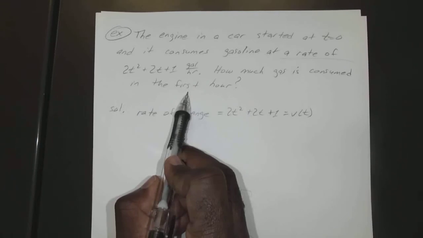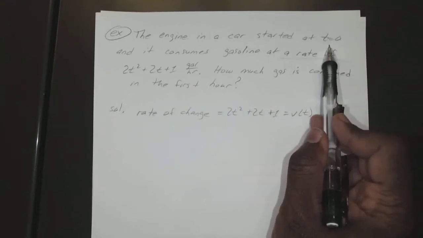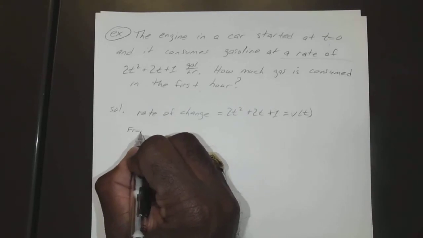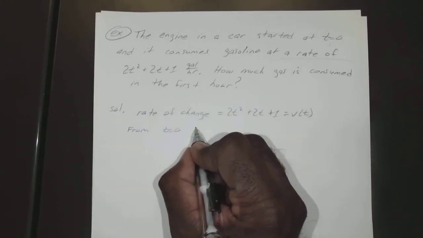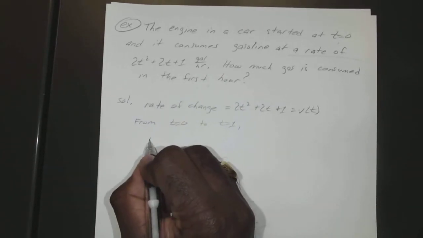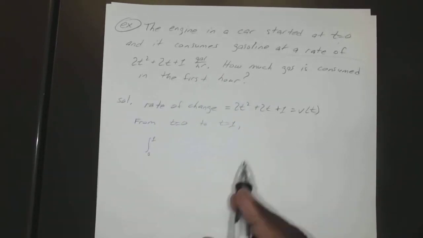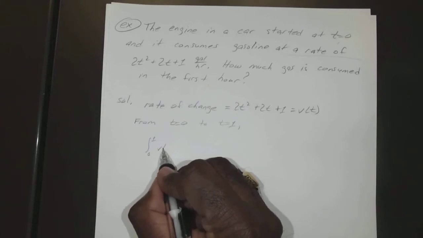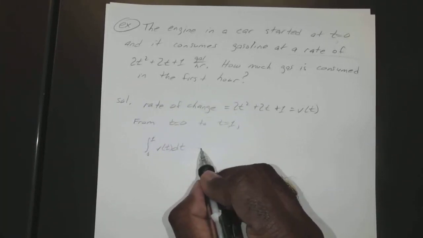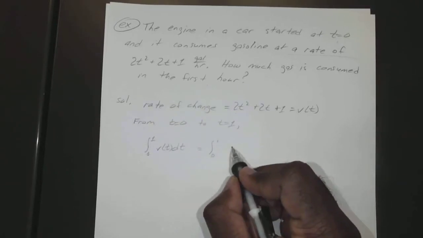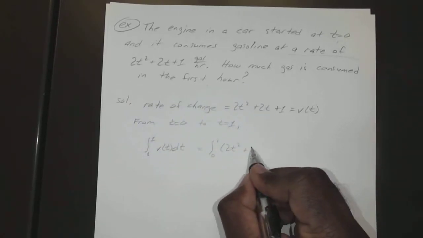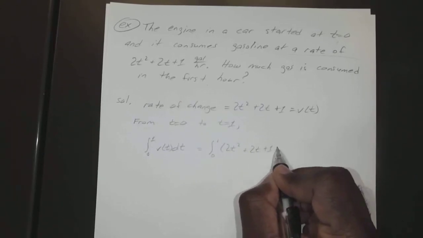Okay, so you're going for the first hour, so you're going from t equals 0 to t equals 1. So we have the integral from 0 to 1 of our velocity function, which is the integral from 0 to 1 of 2t squared plus 2t plus 1.